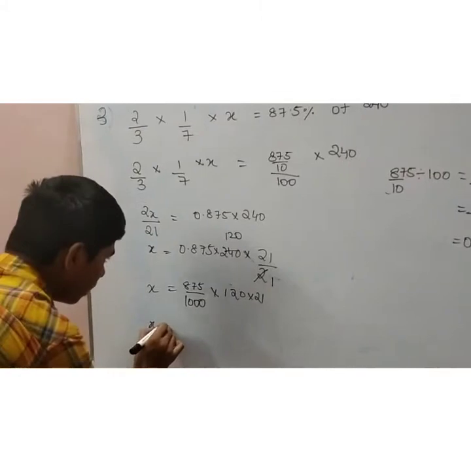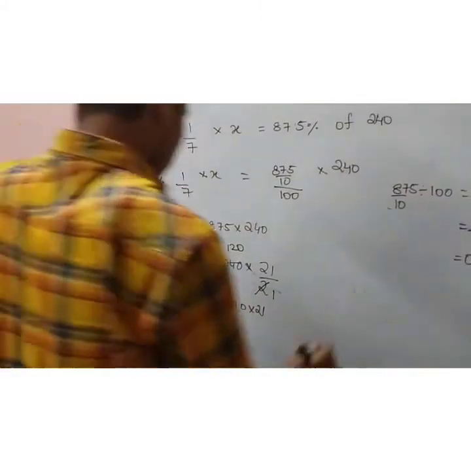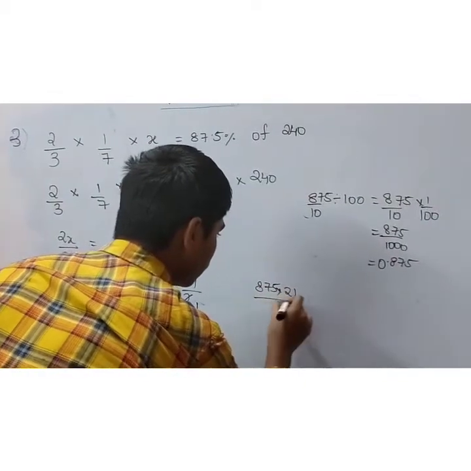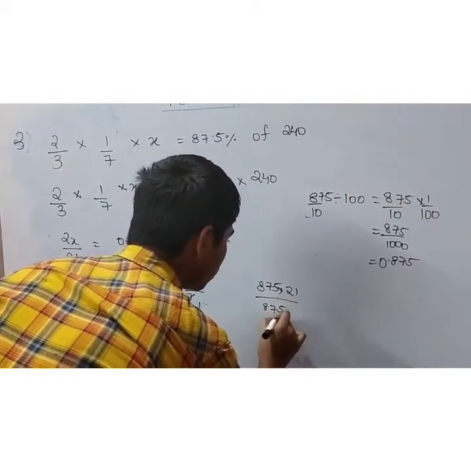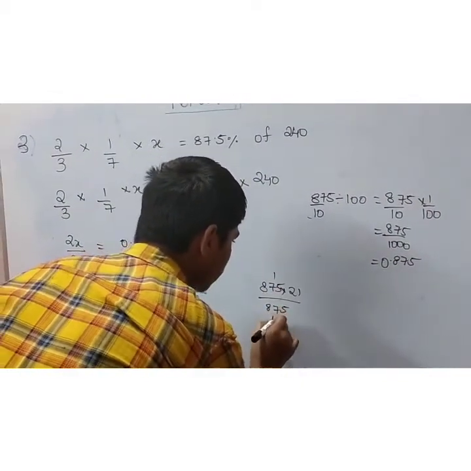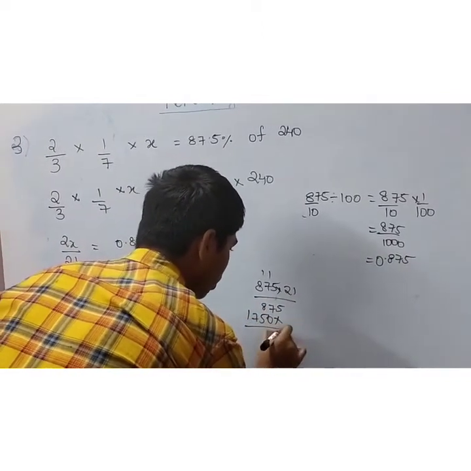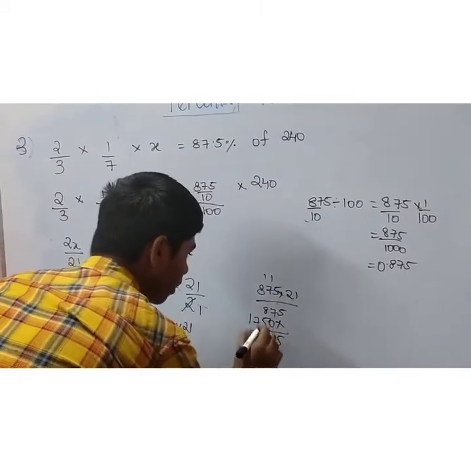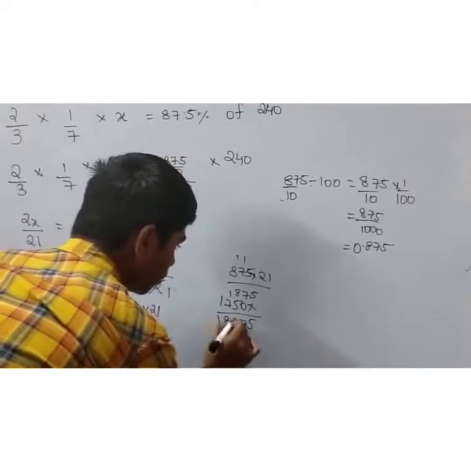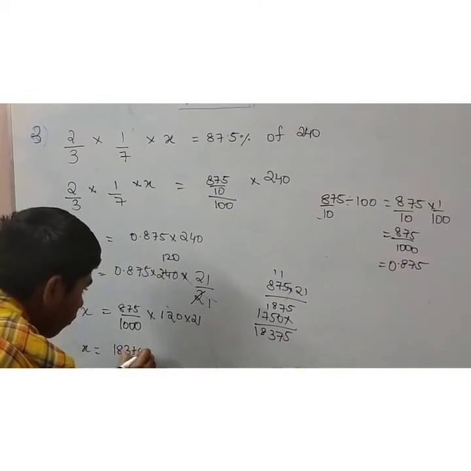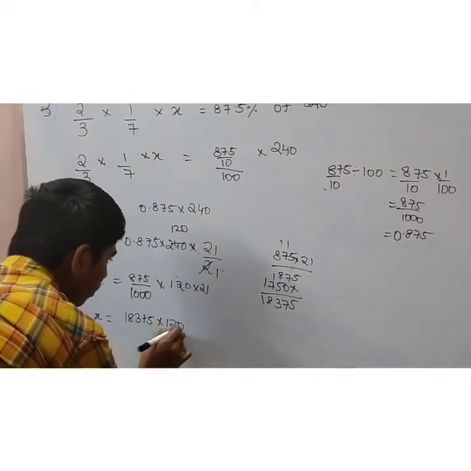Now we have to multiply 875 into 21. 875 into 21, that is 5 ones 5, 7 2s 14, 8 2s 16 17, 8 plus 5 is 13, 18375 into 120 by 1000.